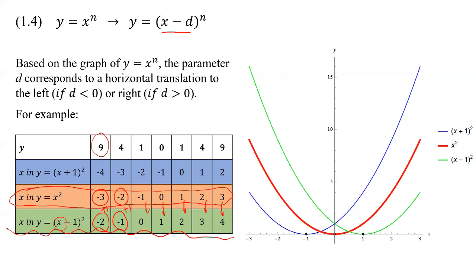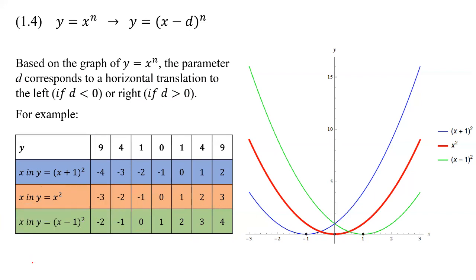Can you follow me? Okay, so in a summary, based on the graph of y equals x to the power of n, the parameter d corresponds to a horizontal translation to the left if d is less than 0, or right if d is greater than 0.